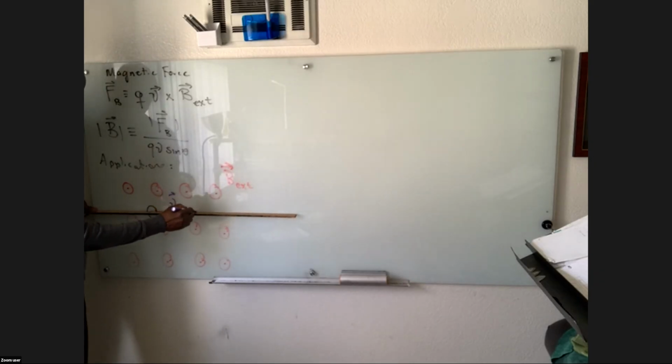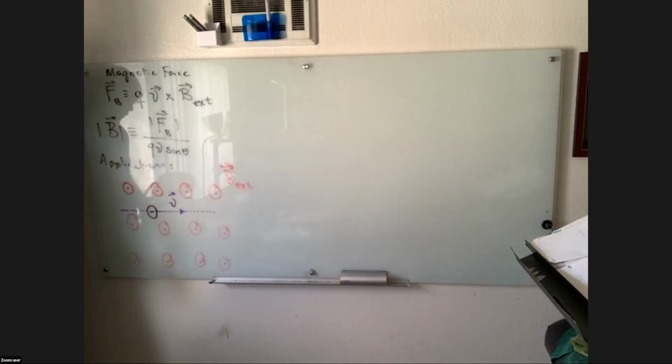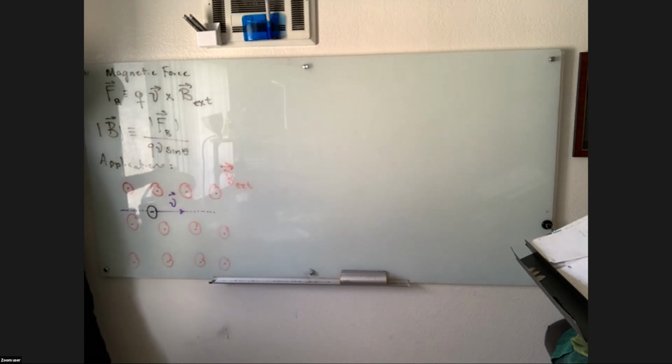And if I had not turned on the field, the charge would continue to move along the line that I have described here. But we do know that the magnetic field is on, and so it's going to apply a magnetic force.